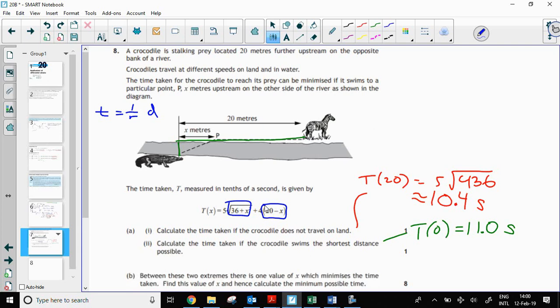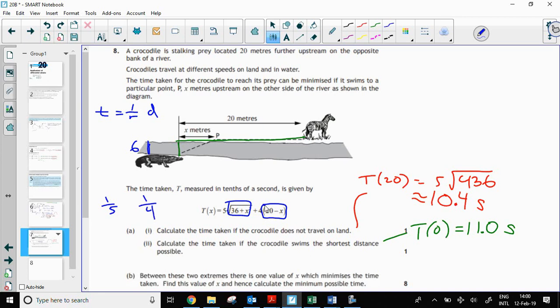So actually what this formula tells me is that the distance across the river is 6 meters, and its rate of swimming is 1/5, whereas its rate for running is 1/4.